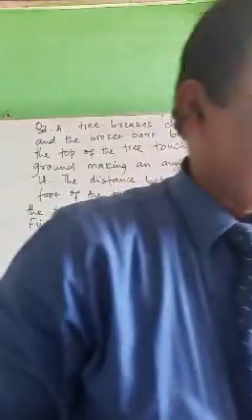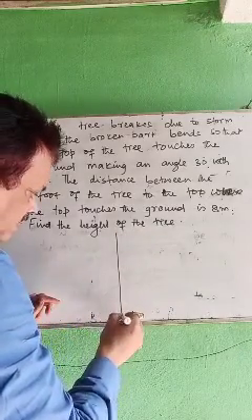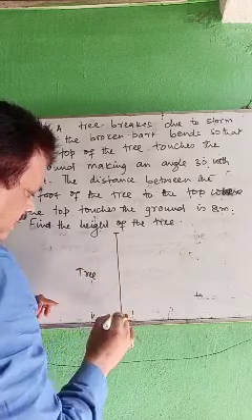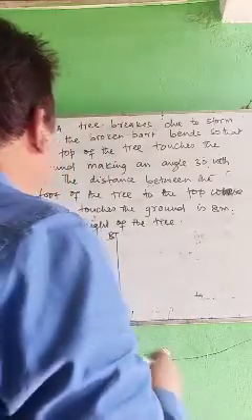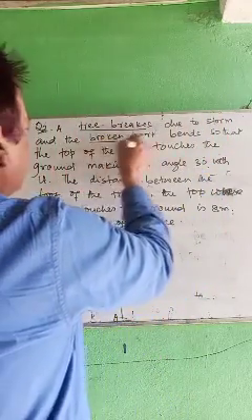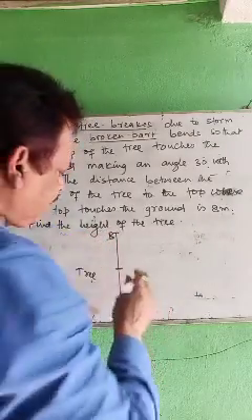Okay, you have to understand. Look at the situation here. There is a tree, total tree AB. Now the tree breaks due to a storm. Suppose this part is broken.